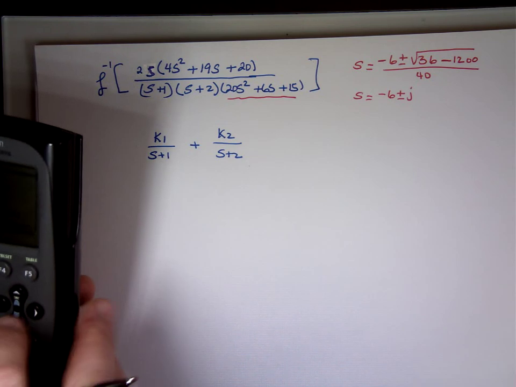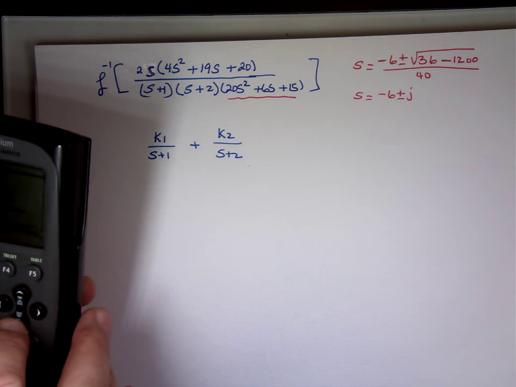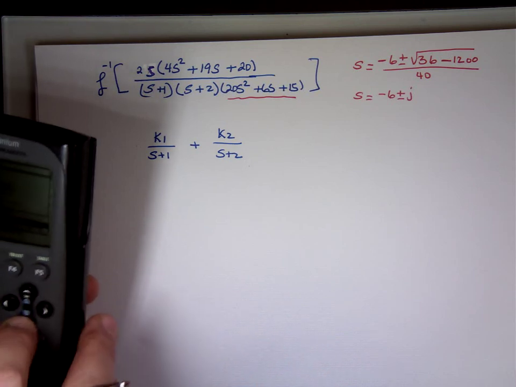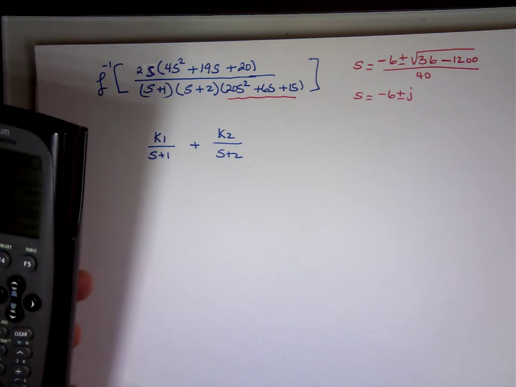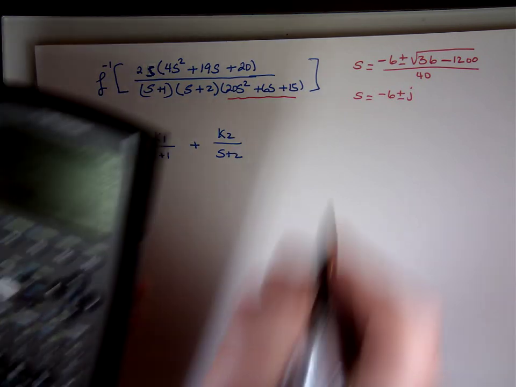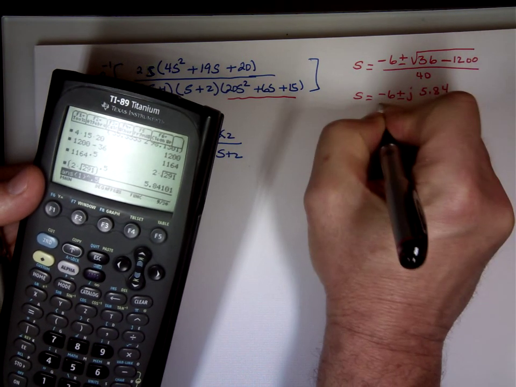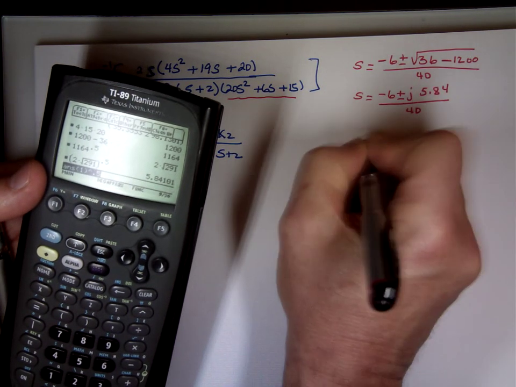I got 5.84 divided by 40. I do not have 5.84.